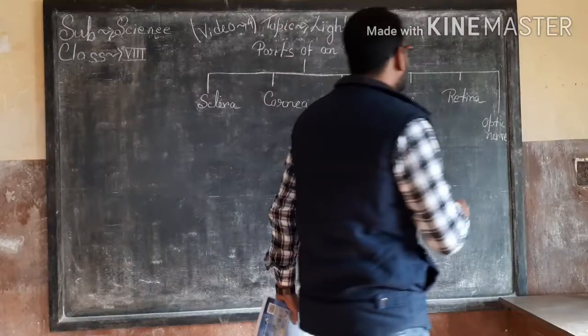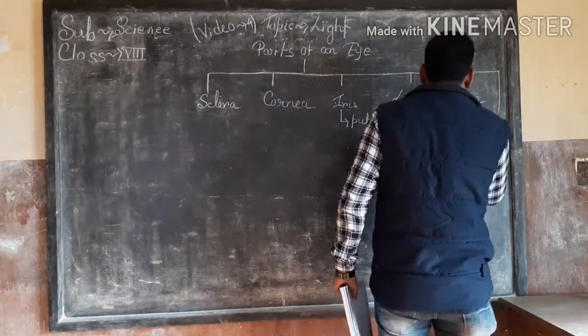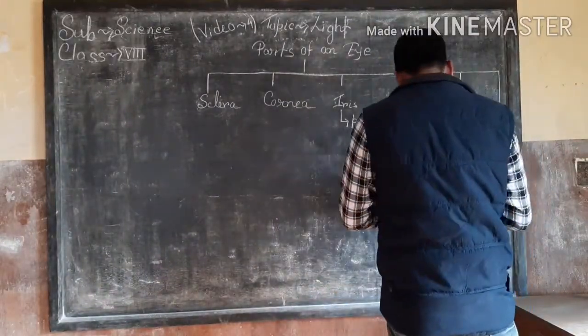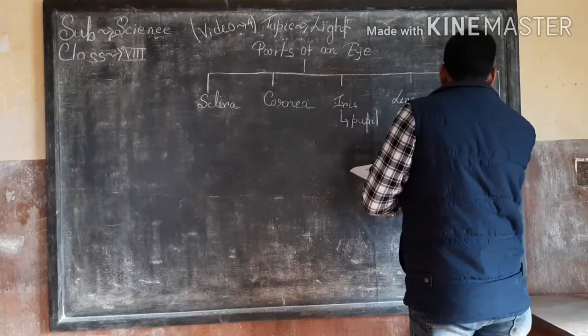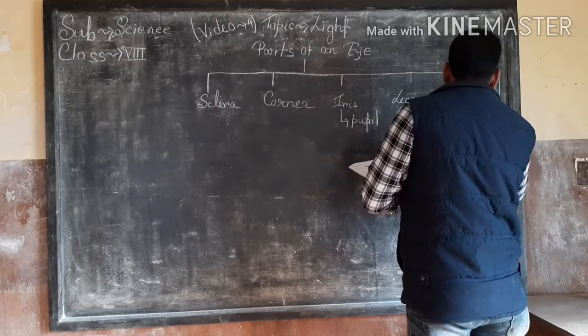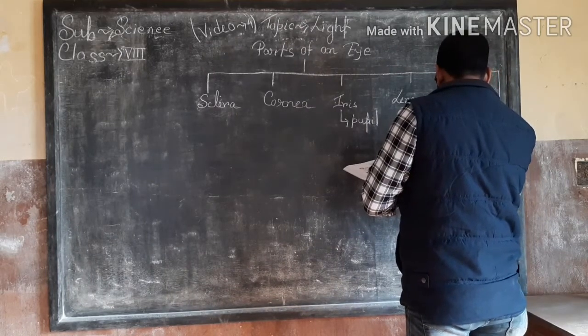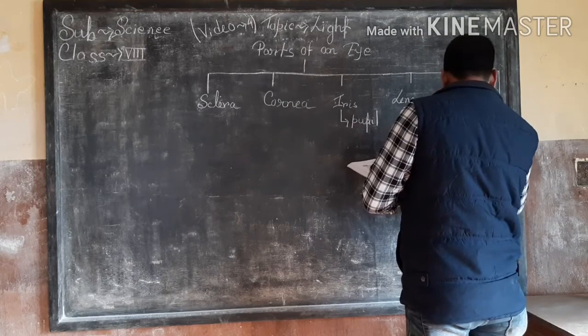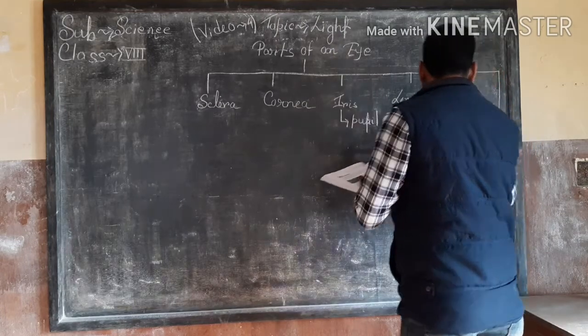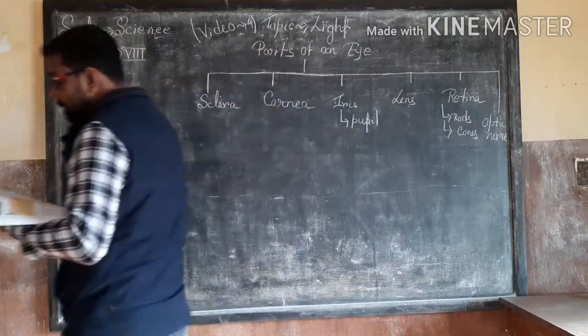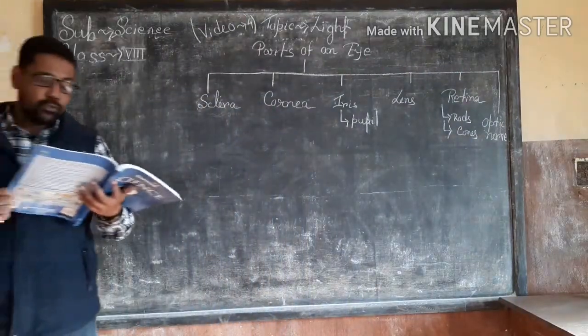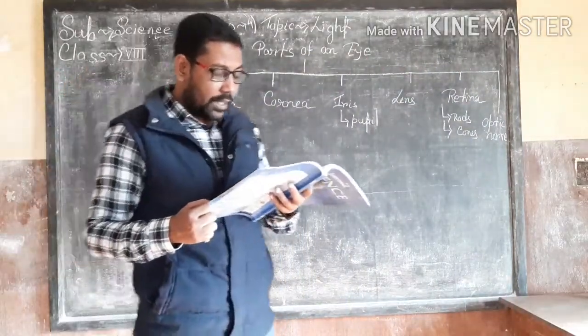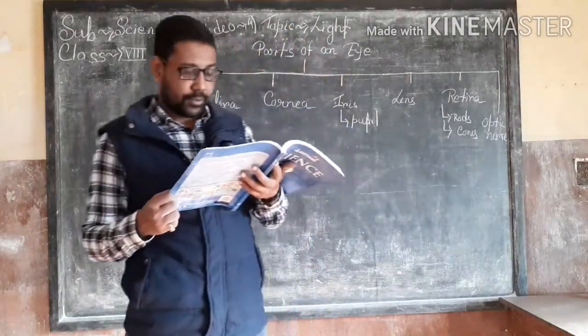So it has 2 very important parts. The first one is the rod, and the second one is the cone. What is the purpose of these 2? These 2 are the light sensitive receptors.